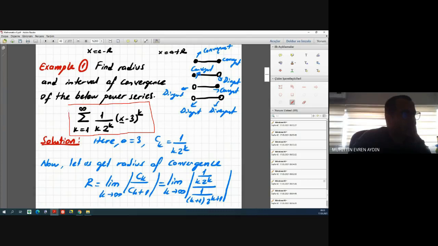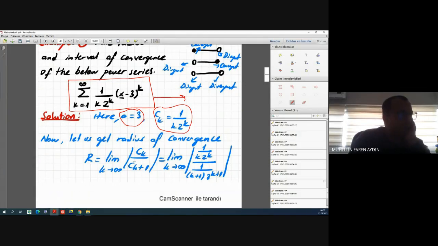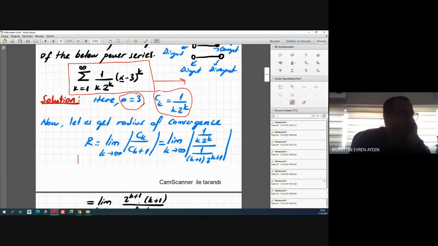Okay. First, determine the center. The center is clearly 3, and the constant part c_k equals 1 over k multiplied to the power k. So we have to compute this limit.